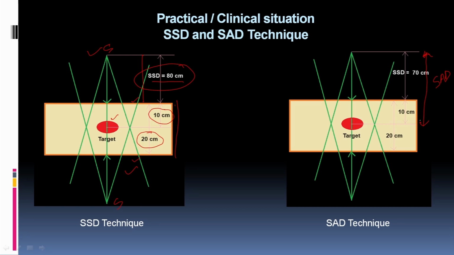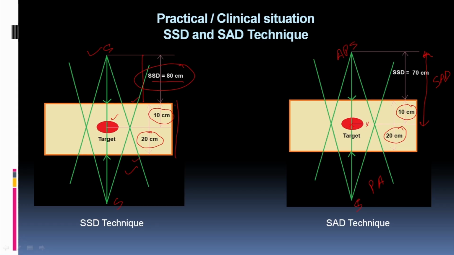Now, if we treat the same patient with the SAD technique, we have the interportal distance of 20 centimeter, and this center point you can call the prescription point, where the dose is prescribed. Here also we treat the patient from two directions, anterior and posterior, so this is the AP field and this is the PA field.